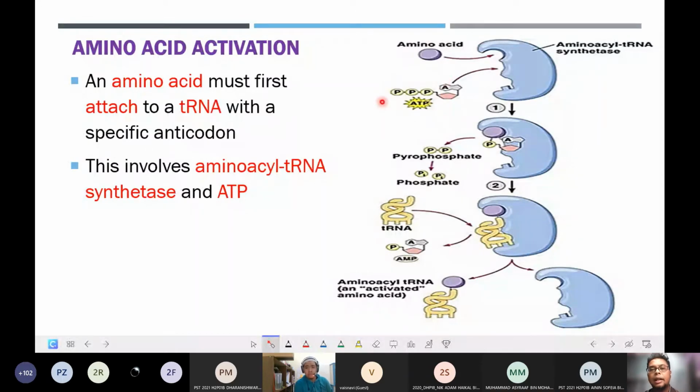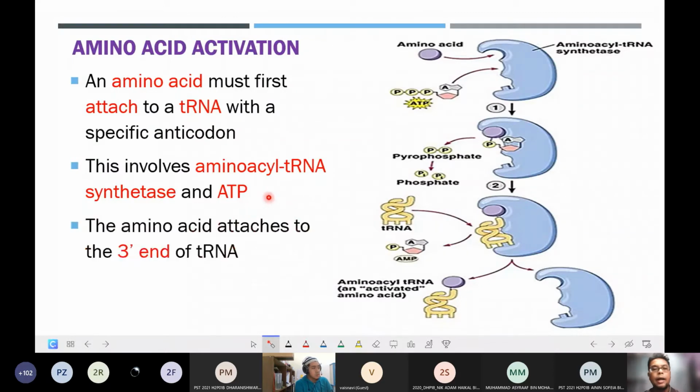The ATP will be important because the ATP will provide energy for the attachment of amino acid to the tRNA. And so with the help of this enzyme and also with the energy provided by the ATP, the free amino acid here will be able to attach to this tRNA over here.